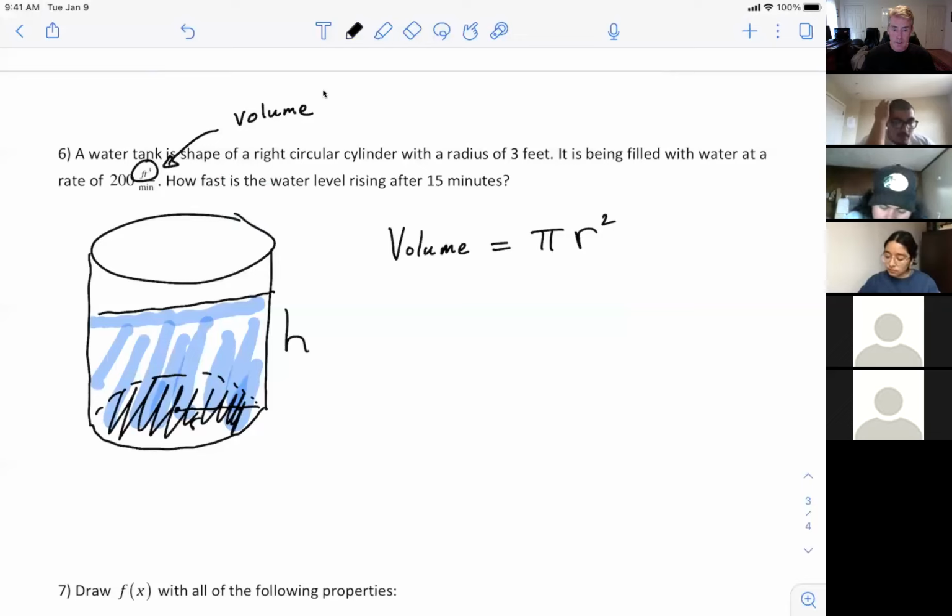And just like with a stack of quarters, if you stack them up h high, then you multiply by h, and that would be the volume of the whole blue area. And because this one says the volume divided by the time, this is saying the derivative of the volume with respect to time is equal to 200 cubic feet per minute.